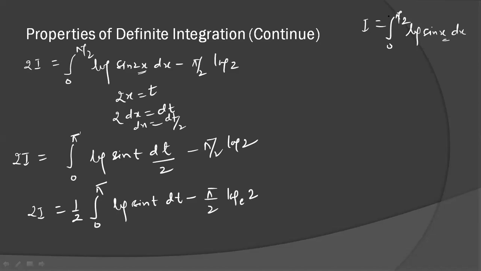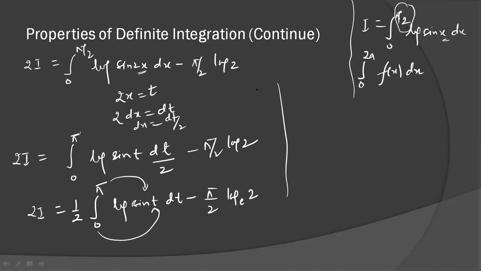You are willing to use this property, but the limit is 0 to pi by 2, and here the limit is 0 to pi. But if you see, at pi it is sin pi, which is 0, and at 0 it is again sin 0, which is 0. It means you can use the property I have discussed, the 0 to 2a f(x) dx property. Let's check that property here.